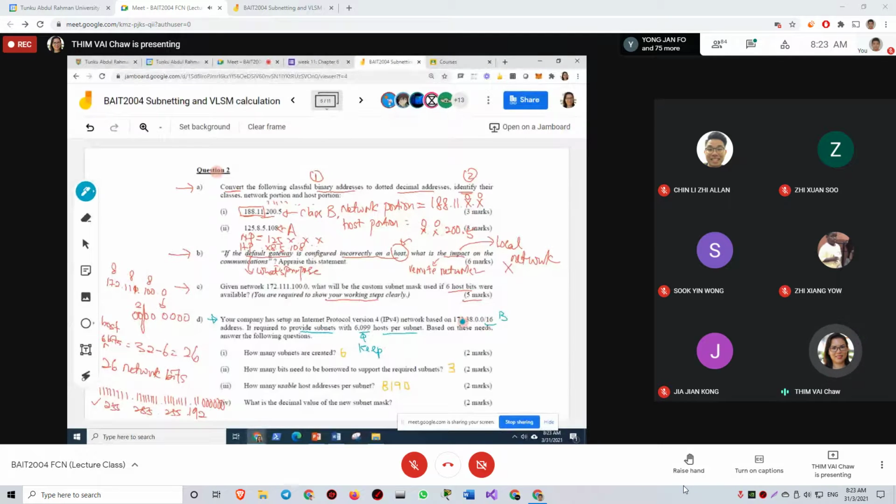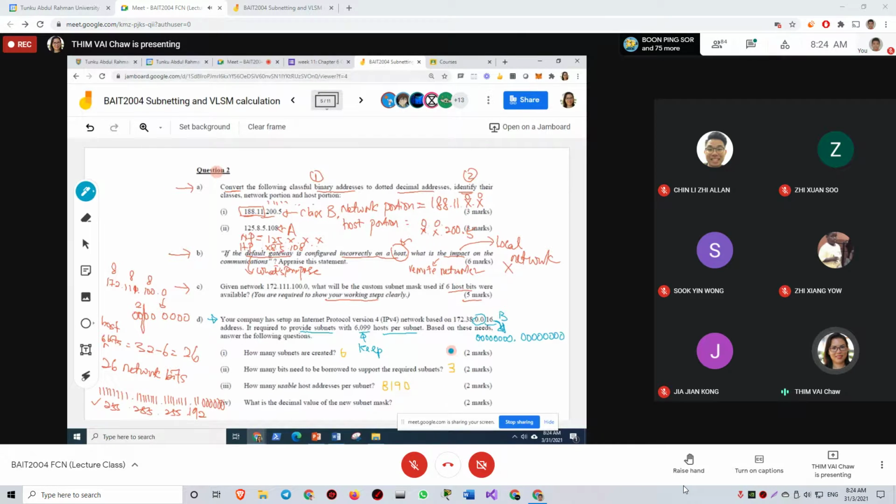If that is 172.38.0.0, it means I only look at the last 2 bytes, because I'm looking at the host portion bits only. 1, 2, 3, 4, 5, 6, 7, 8. 1, 2, 3, 4, 5, 6, 7, 8.